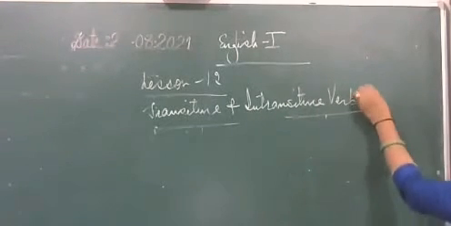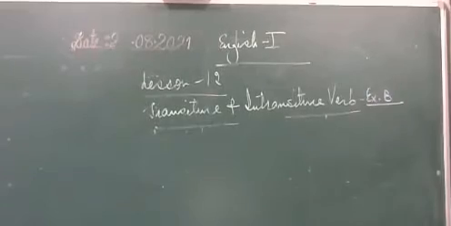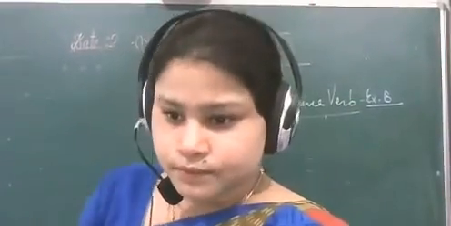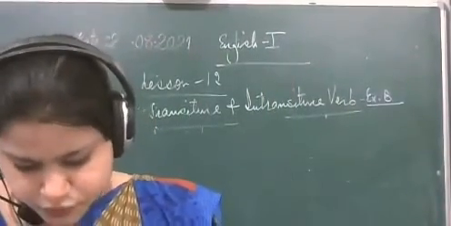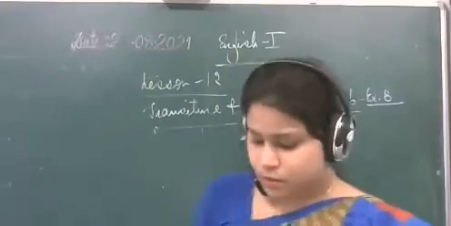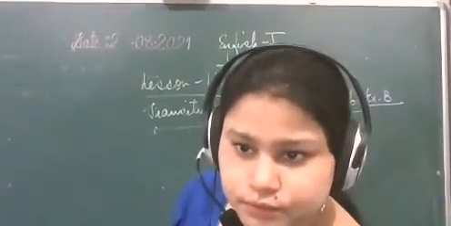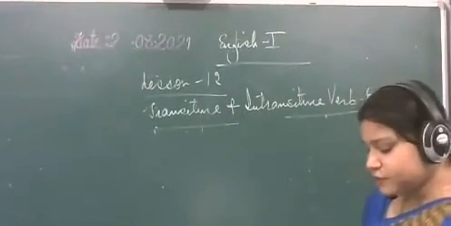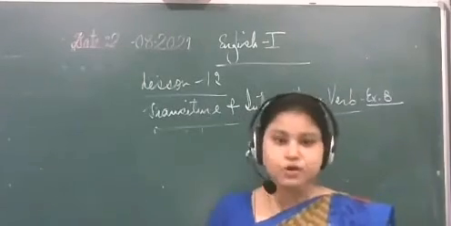Now exercise B. Clear? First one: I posted the letter on my way to work. So, I posted the letter on my way to work. It is very simple to recognize here because there is letter, which is an object.